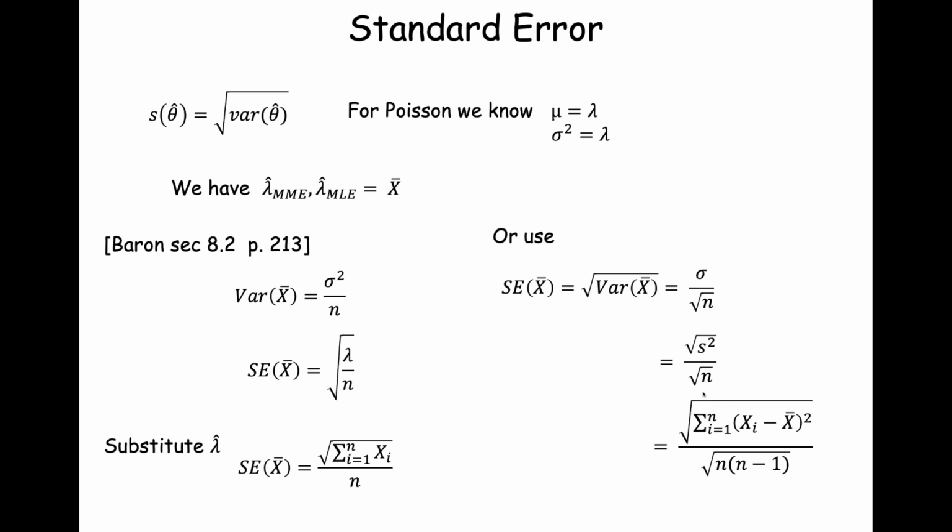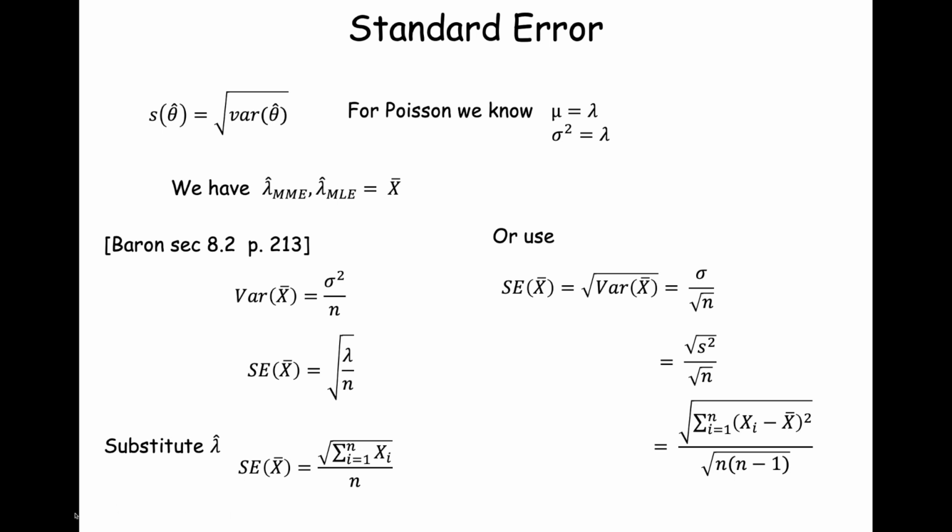That gives us our original expression up top: the sum of each of the samples minus x bar, that's the center, quantity squared, and then radical n times n minus 1 in the denominator. So that's just a little bit of algebra.